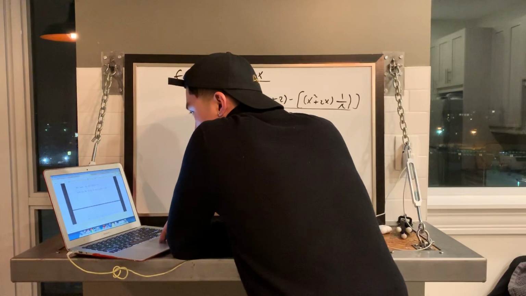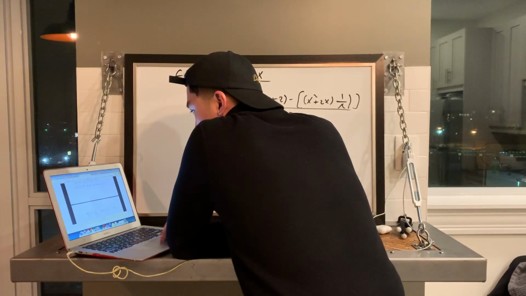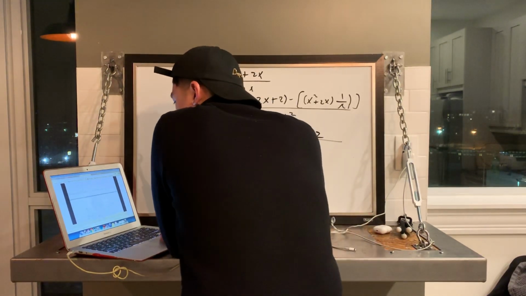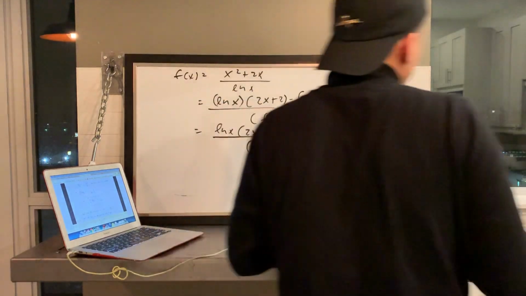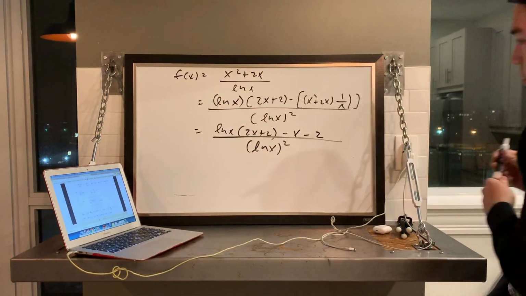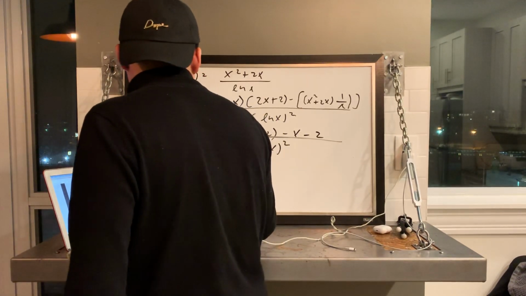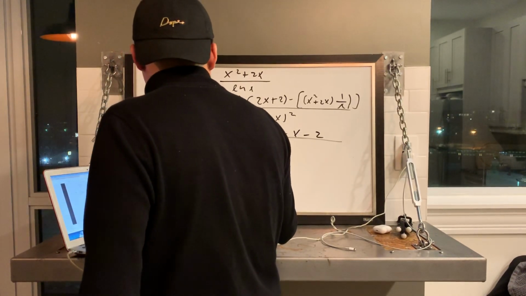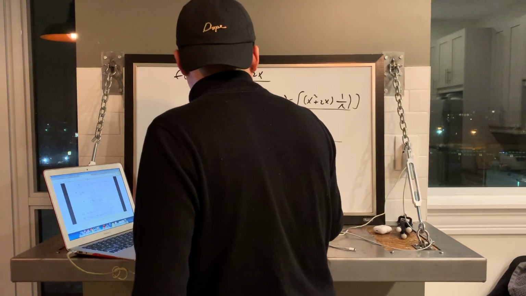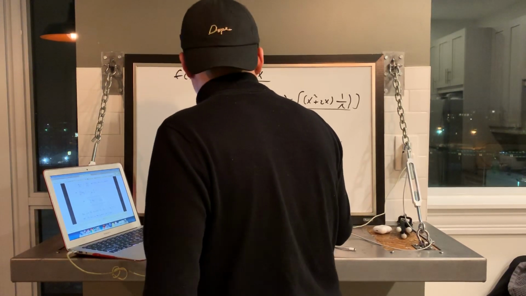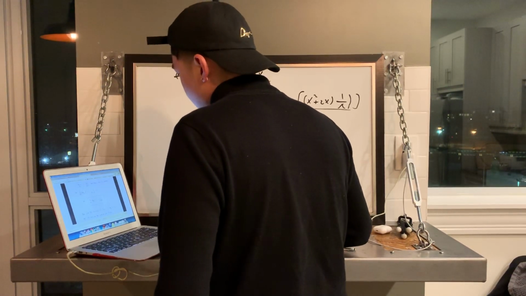That's what we get. What about logs with a different base? Well, we know our change of base formula from back in the day. If you have log base a of x, that's ln of x over ln of a, that's a change of base.